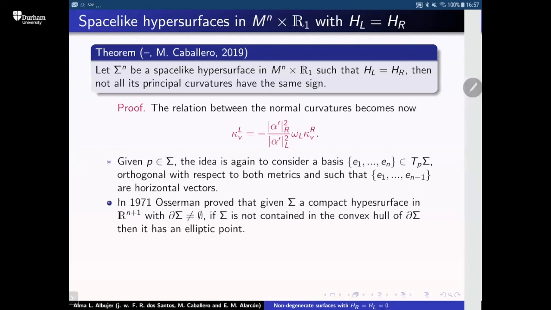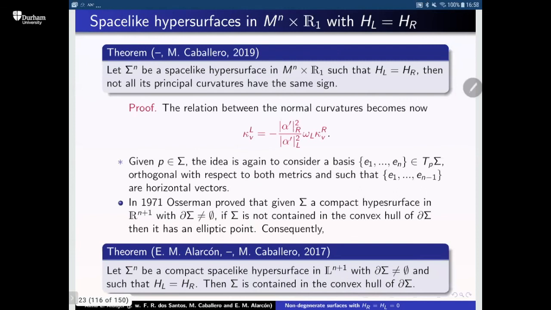Okay, so combining our results with the result of Osserman, we proved in the case of the Lorentz-Minkowski space that if sigma is a compact space-like hypersurface with a non-empty smooth boundary and such that both mean curvature functions coincide, then sigma is contained in the convex hull of its boundary.